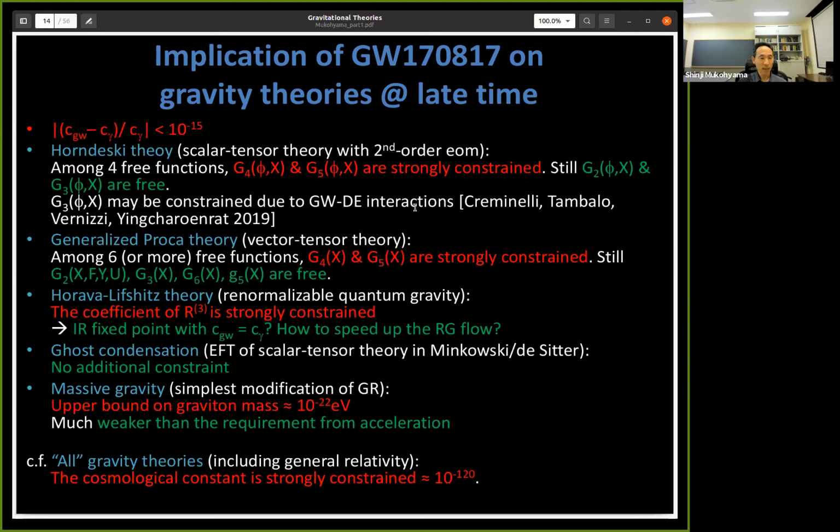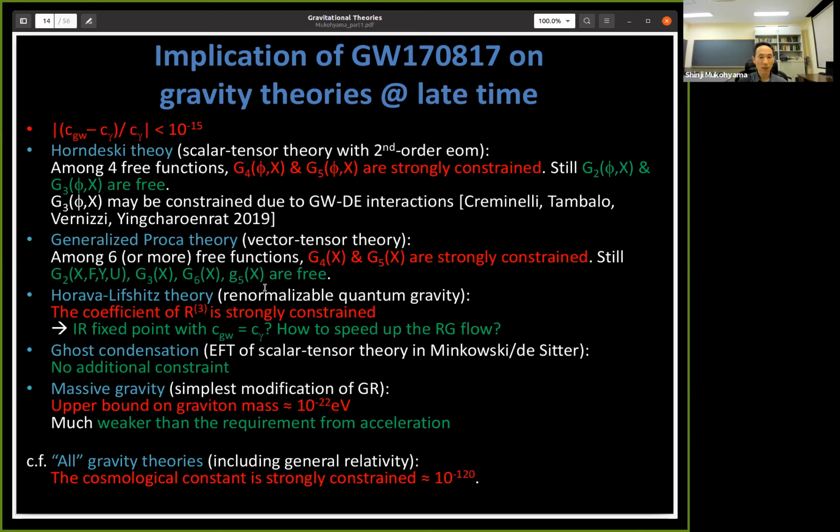As for the so-called generalized Proca theory, which is a vector-tensor theory, a kind of generalization of Horndeski theory to the vector: because a vector may have a longitudinal part and a transverse part, and the longitudinal part reduces to Horndeski, we have 4 free functions. On top of that, we have several other free functions, but among them, 2 functions are strongly constrained.